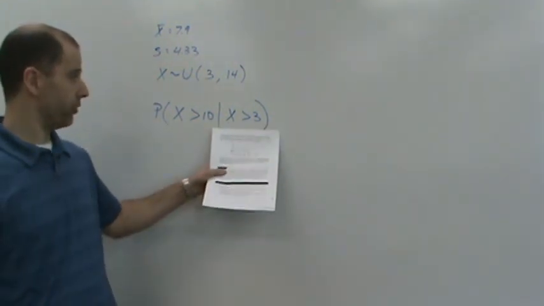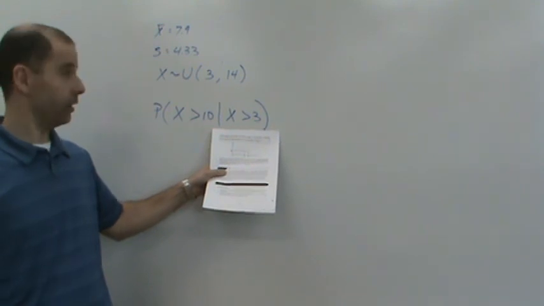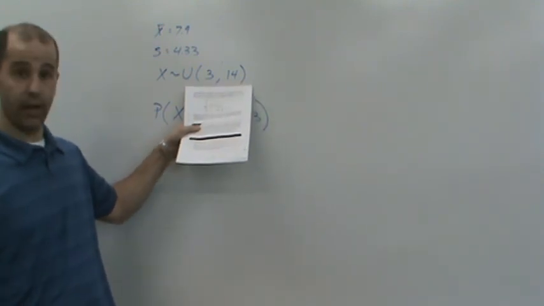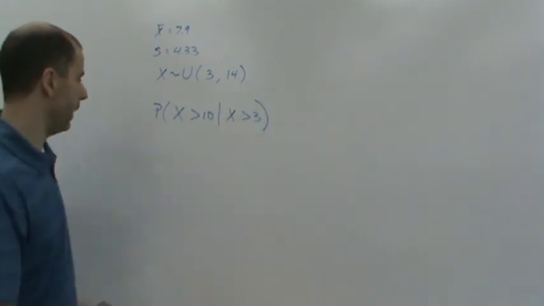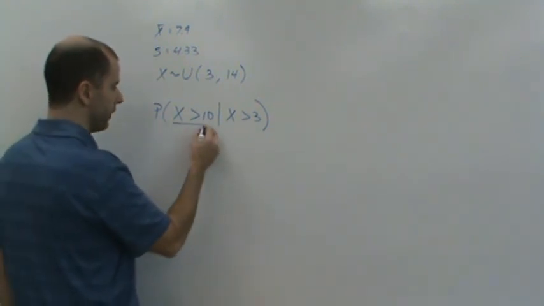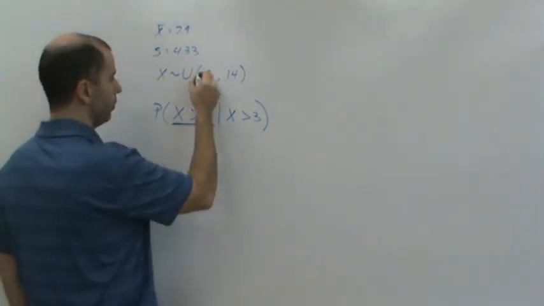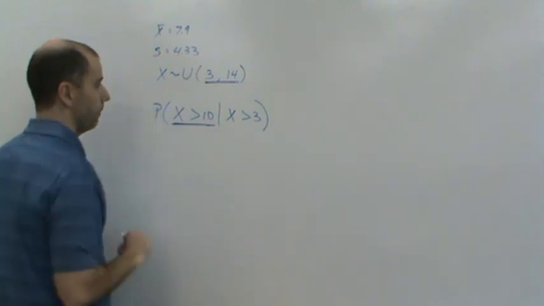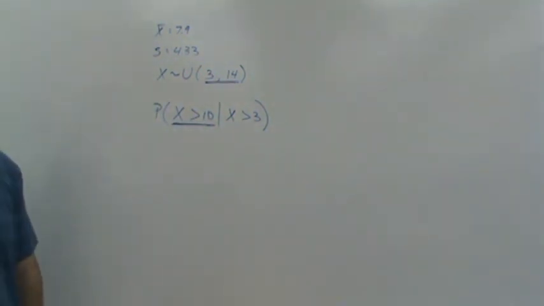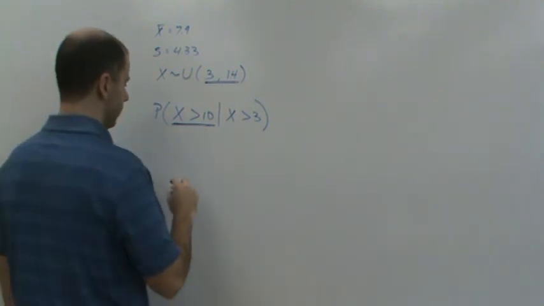So see how the given information changes our sample space. So now, to figure out this probability, we're now going to use this distribution. Okay?